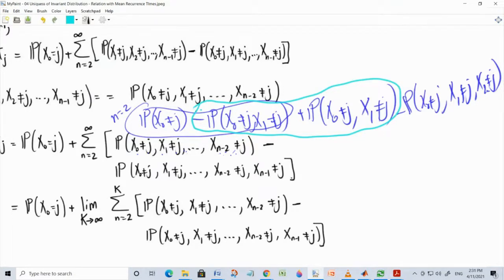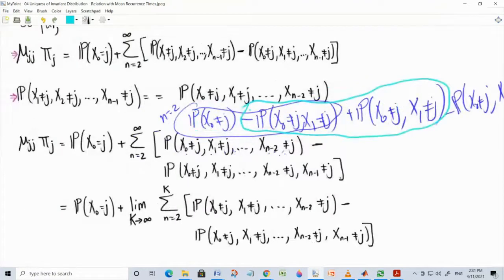Okay, so telescoping now has been achieved, and basically what you have is the following. What is a telescopic sum? Basically it has two terms. The very first term, combined with x of 0 equal to j, will give you 1.